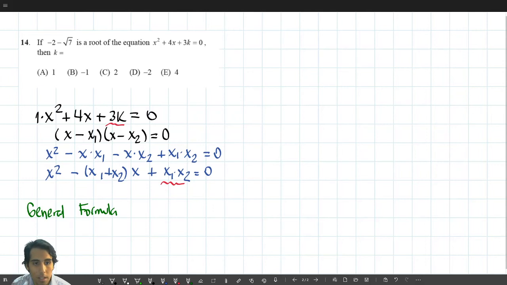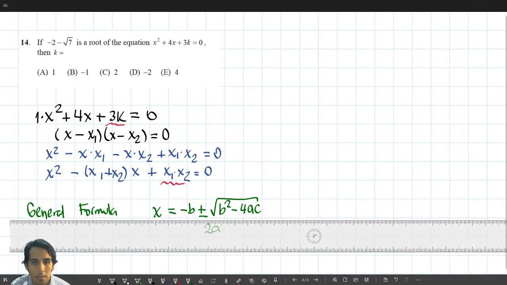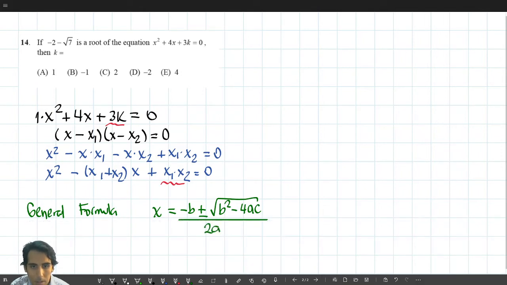for a quadratic equation we have that x equals minus b plus minus square root of b squared minus 4 times a times c, all divided by 2a, right? We have here, and let me put a ruler here to put the line. So if we pay attention to the formula, one of the roots is minus 2 minus square root of 7.